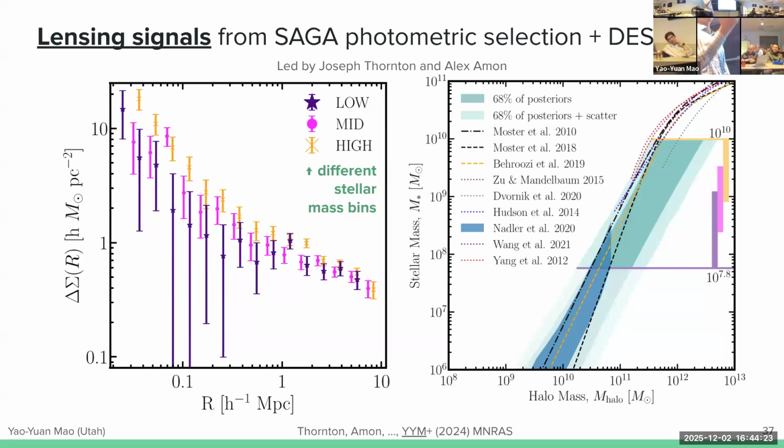I was actually very surprised. I thought they would not be able to see anything. But here is the signal. This is the actual shear signal. And this is where they live in the stellar mass halo mass relationship. You can see they predict a slightly higher halo mass for the stellar mass they are in, roughly. Compared to other predictions, we are about 0.5 sigma away from the mean relationship.